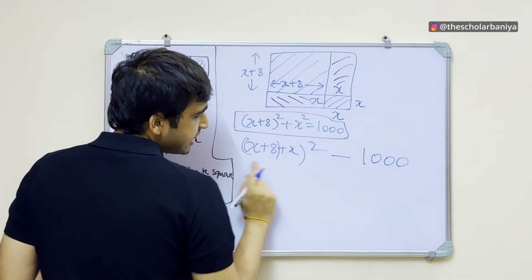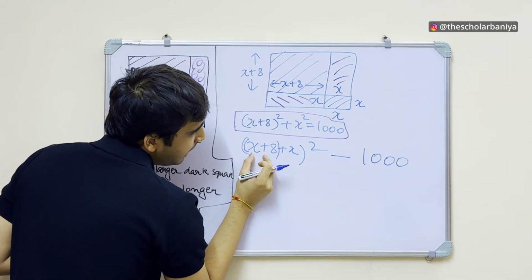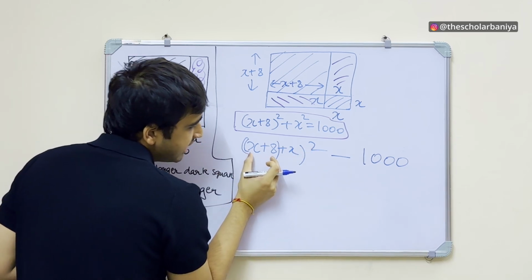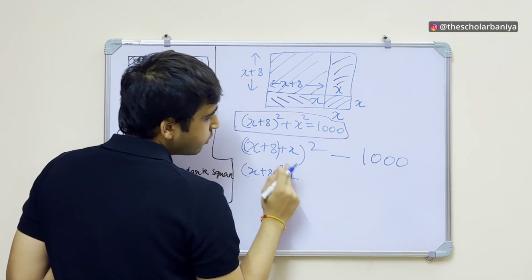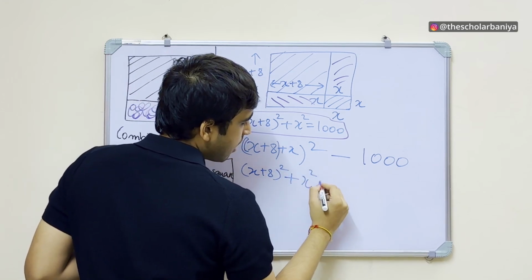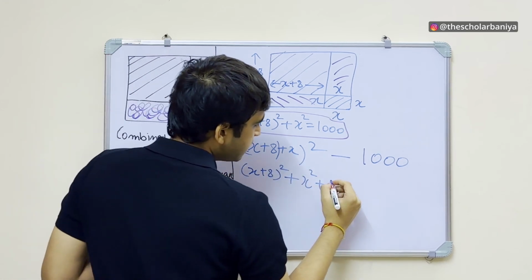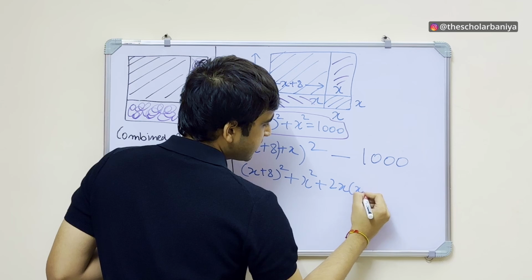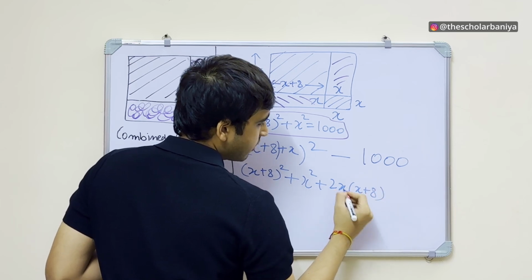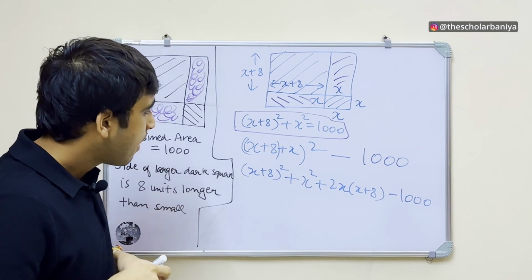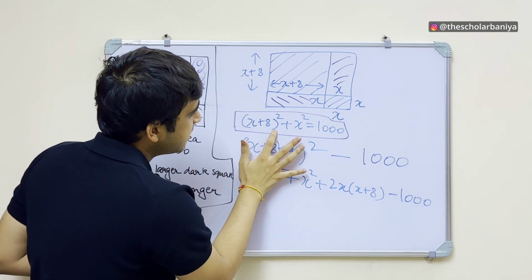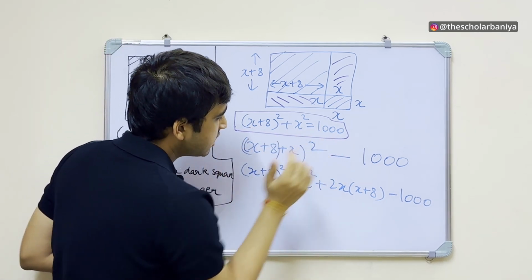Right, so now let's solve this. This is (a plus b) square, so this will be a square, which means (x plus 8) square, plus b square, that means plus x square, plus 2ab, meaning 2 into (x plus 8) times x, and minus 1000. But we know that (x plus 8) square plus x square is 1000.